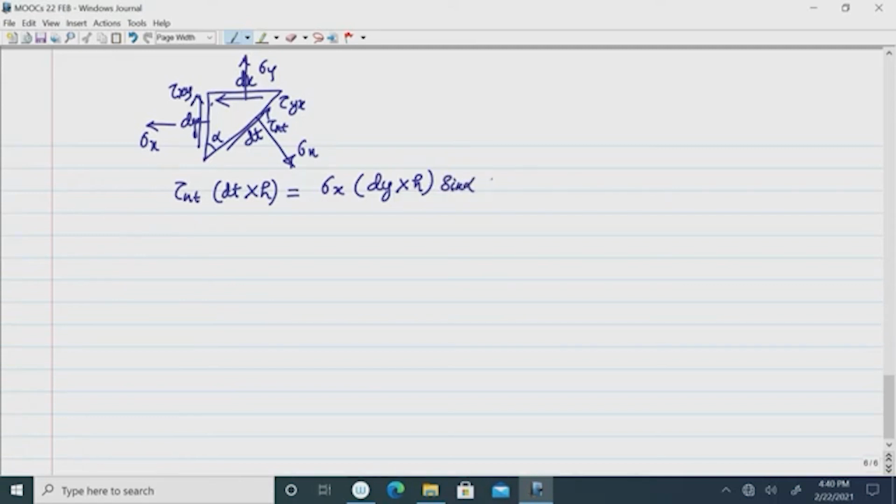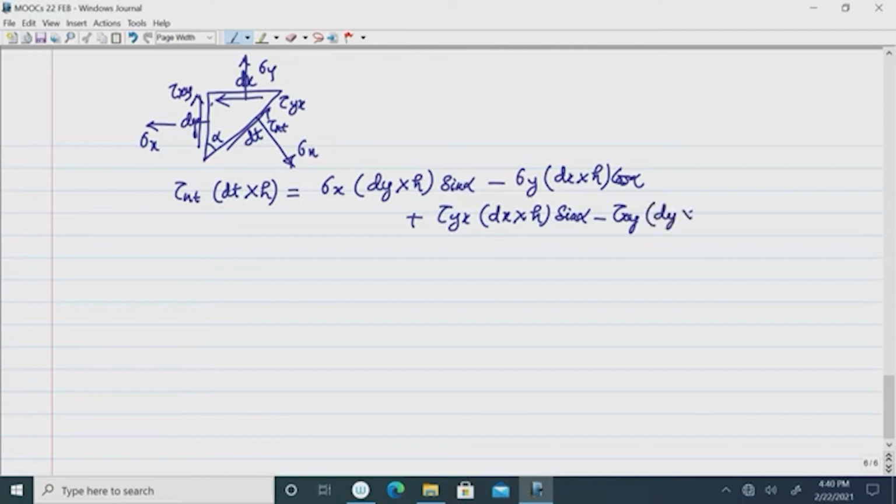Then we have minus sigma y dx into h cos alpha, plus tau y x dx into h sin alpha, and minus tau x y dy into h cos alpha.